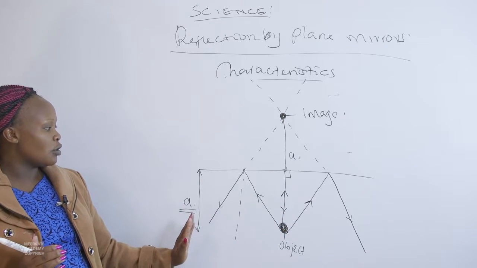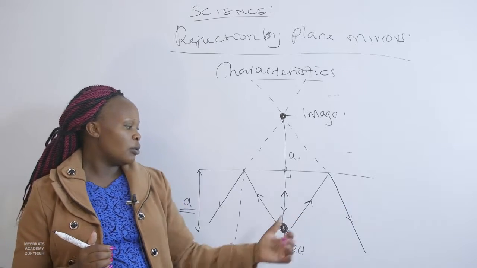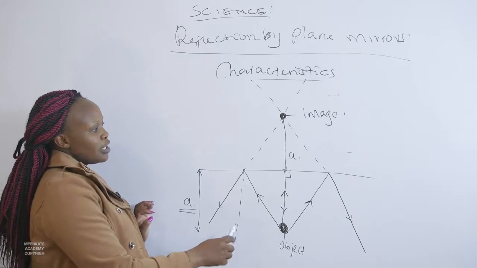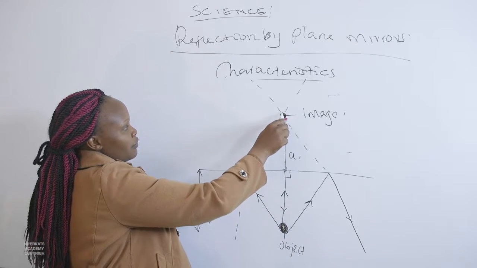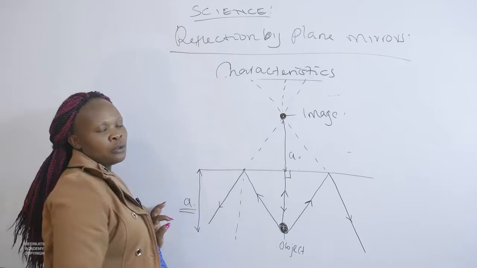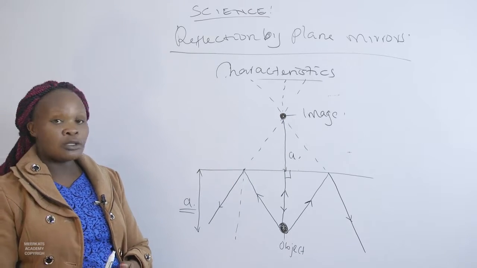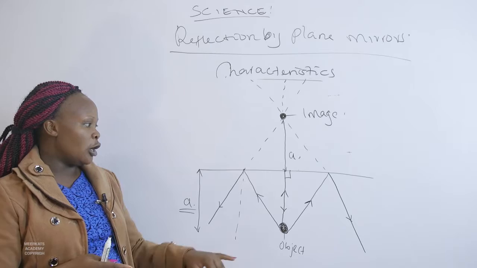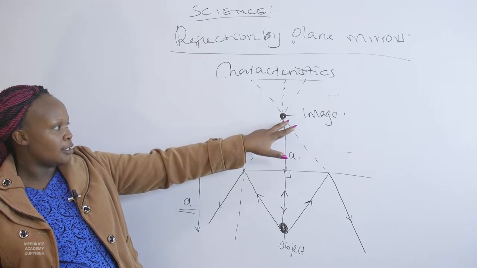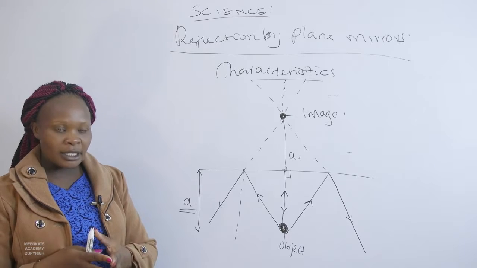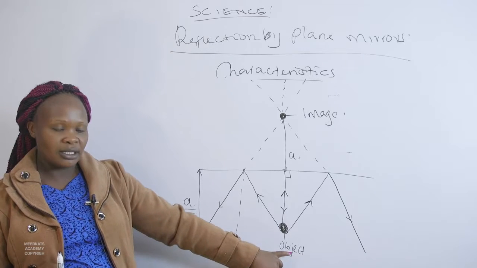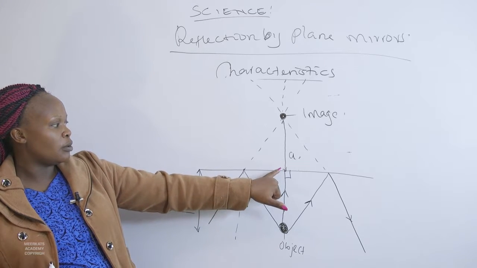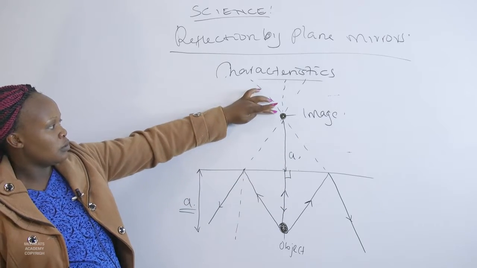And even if you were to consider three rays, where these ones are reflected and follow the same path, you see that it will appear to come from some point also where the other two intersect. So it does not really matter how many rays you consider, all of them are going to meet at some point behind the mirror, which is equidistant from the object to the mirror and from the mirror to the image.